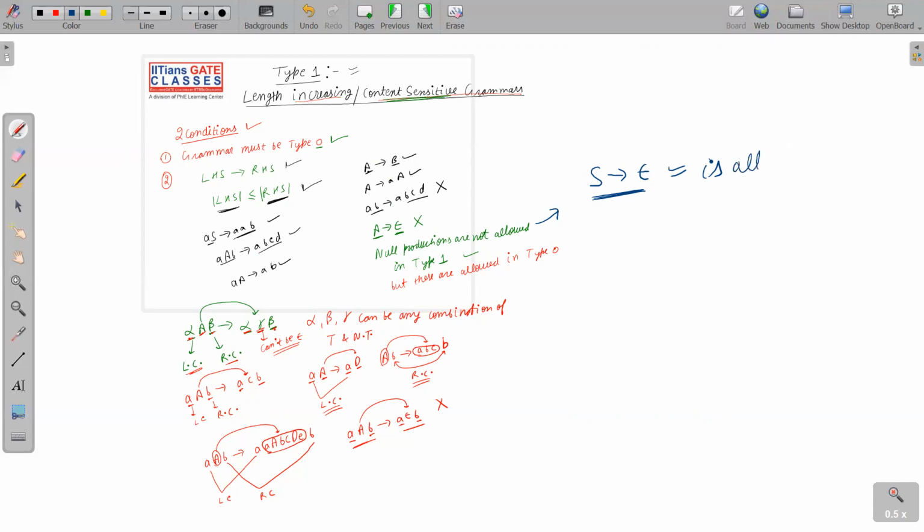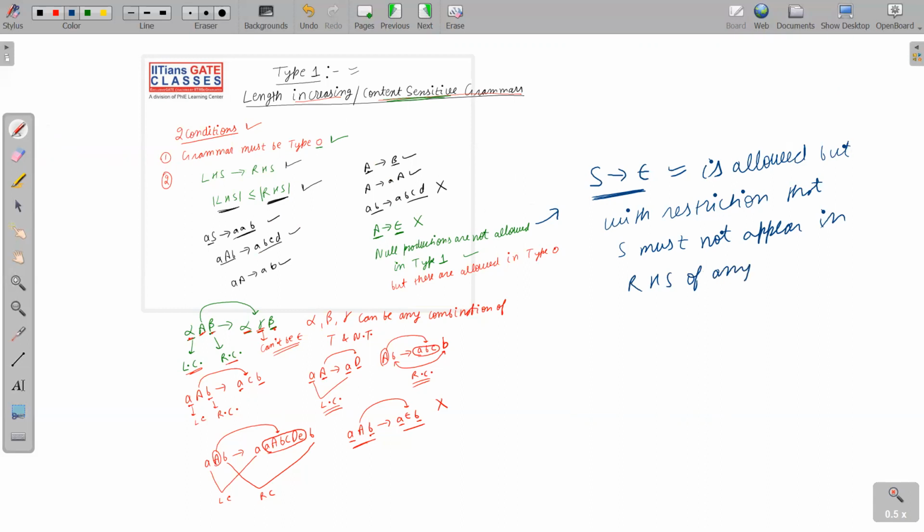S implies null is allowed, but with the restriction that S must not appear in RHS of any production rule.